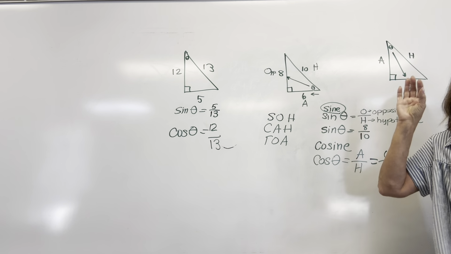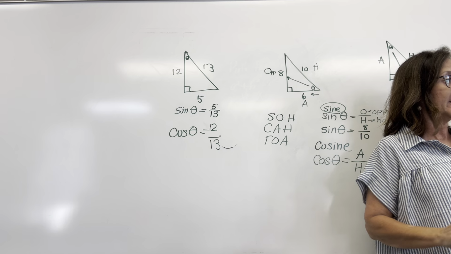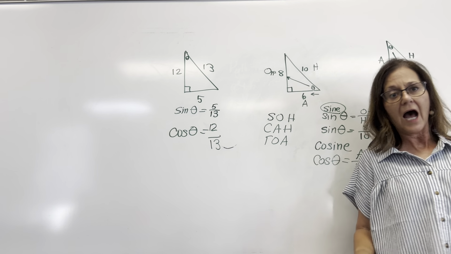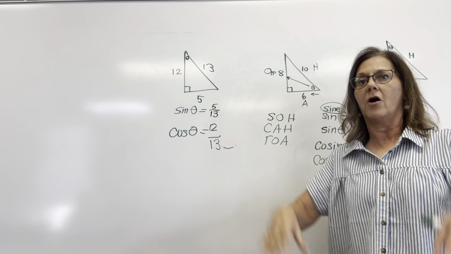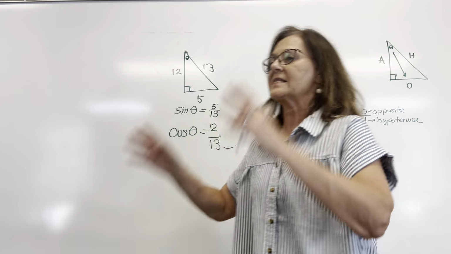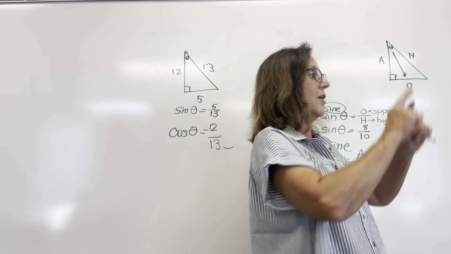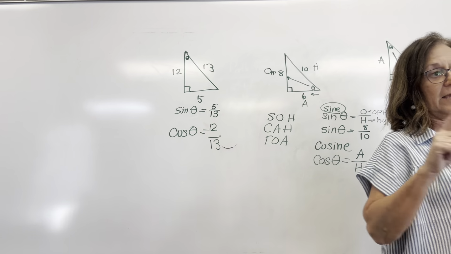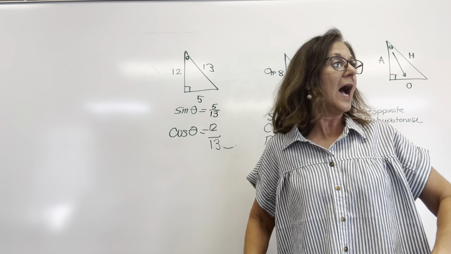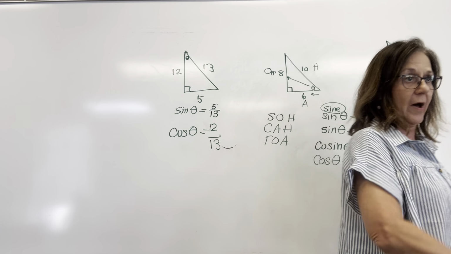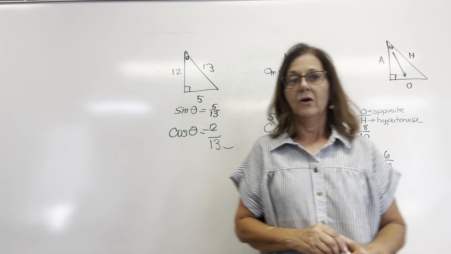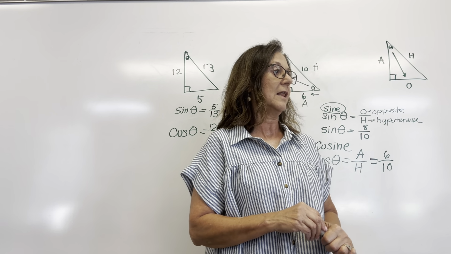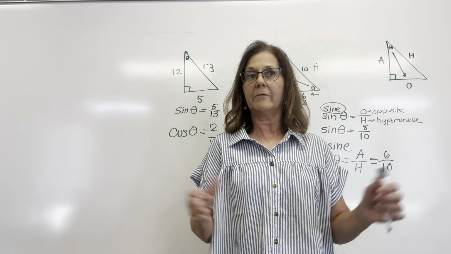All right, so sine equals opposite over hypotenuse. Say it with me. The sine equals opposite over hypotenuse. Arthur didn't say it with us, so let's say it again. The sine equals the opposite over the hypotenuse. We're going to do lots of recitation in this class, and we will repeat it until everybody repeats it.